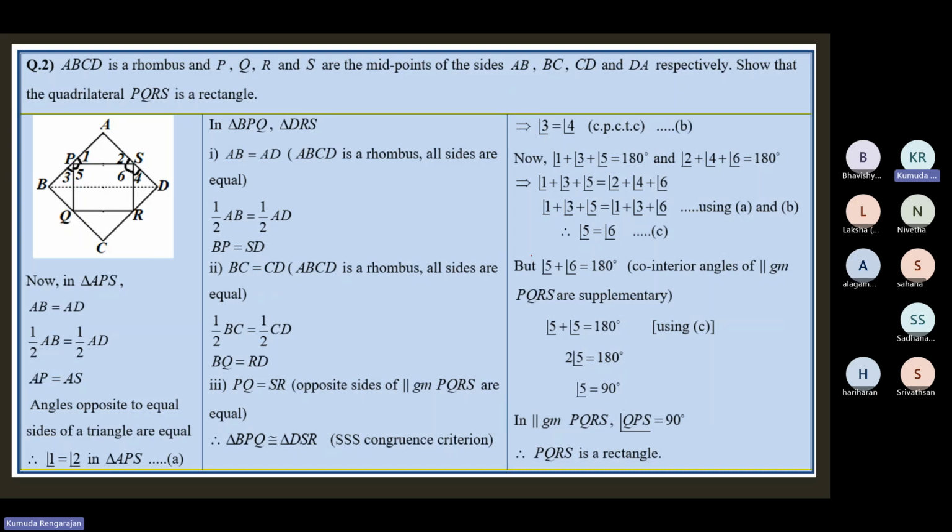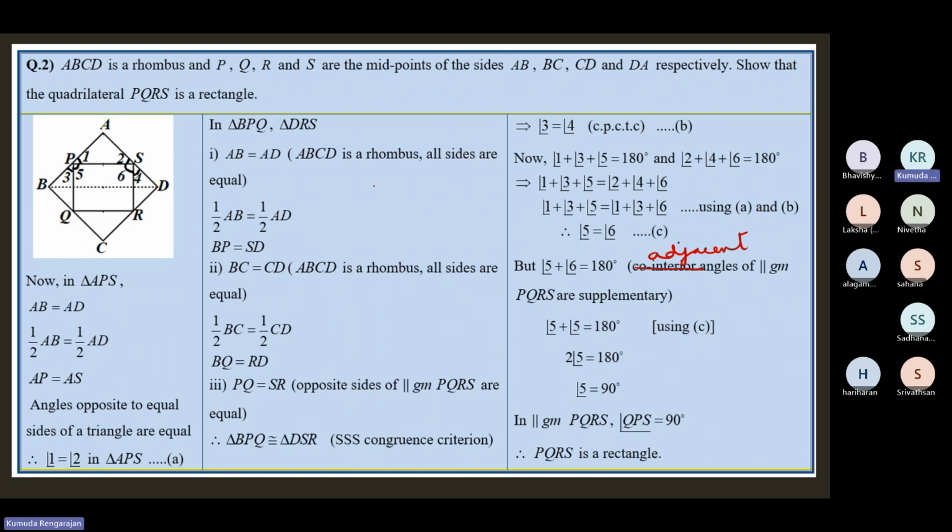Angle 5 is equal to angle 6, and they are adjacent angles of parallelogram PQRS. Adjacent angles of a parallelogram are supplementary.